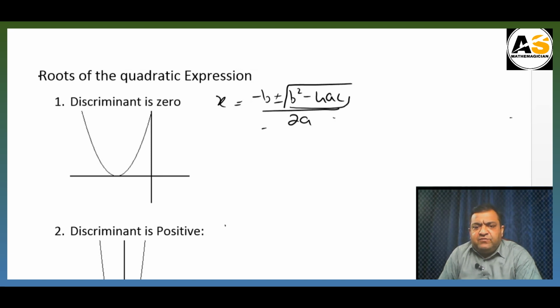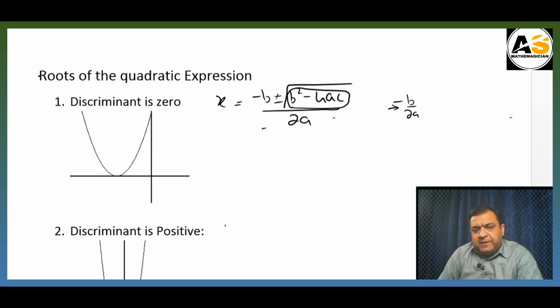This factor is very important. It is called discriminant. When it is zero, both roots are minus b over 2a. And when it is positive, both roots are different and real. When it is negative, roots will be imaginary.